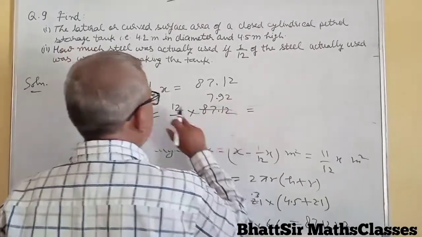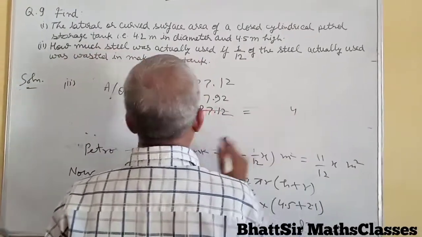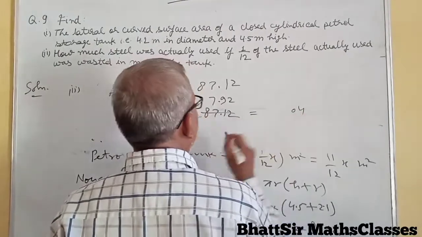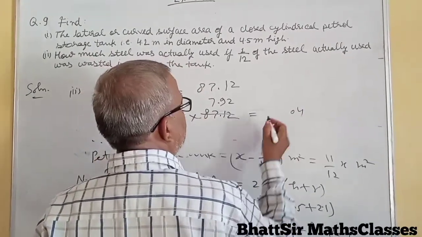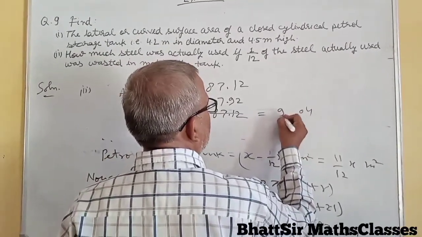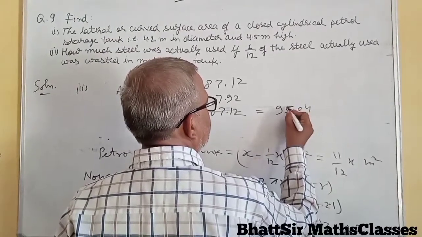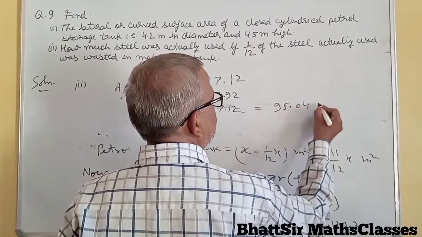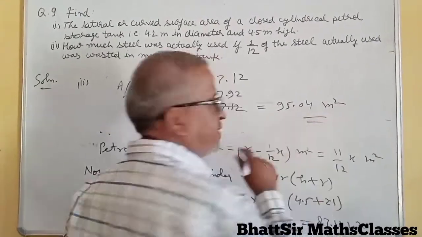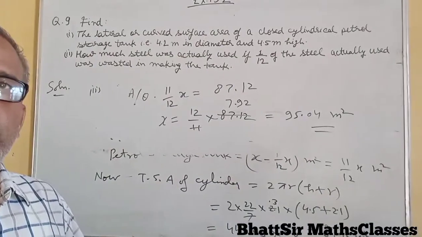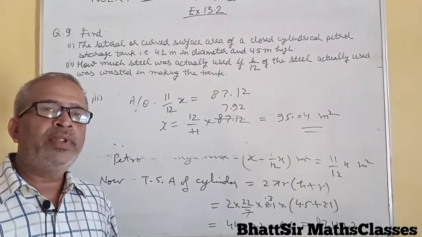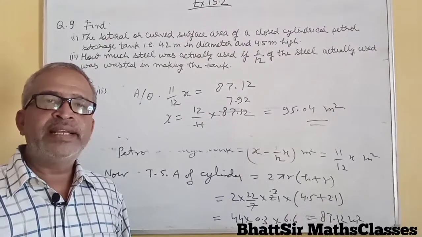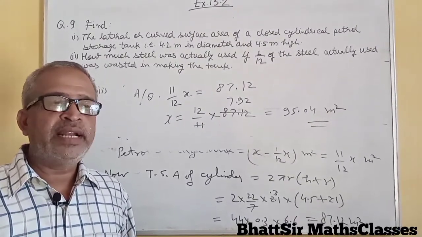Equal to 12 2 is 24. Carry over 2. 12 9 is 108. 2 1 0 10. Carry over 11. 84 84, 95.04 meters. That is the answer. Okay. So I will complete this exercise. The next questions we will attend in the next class.